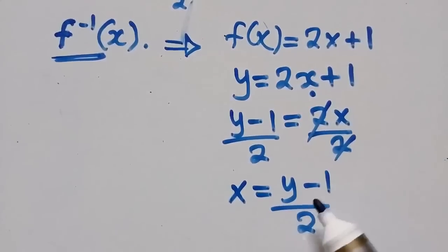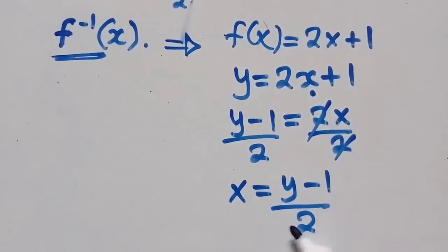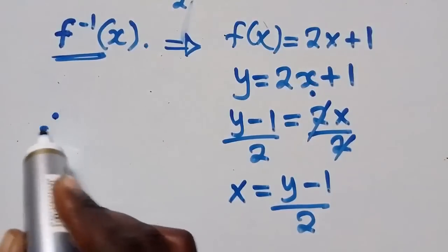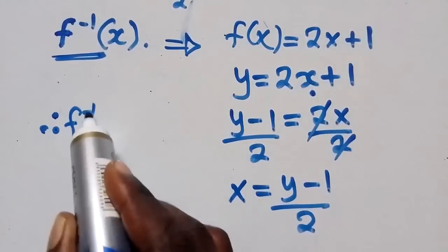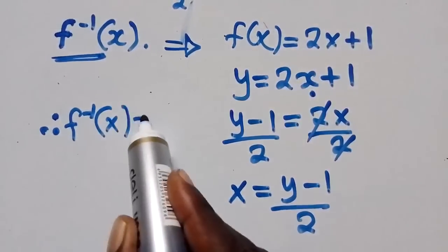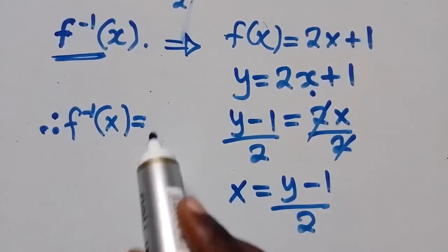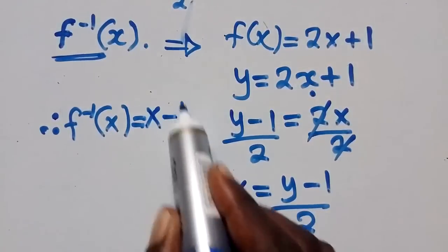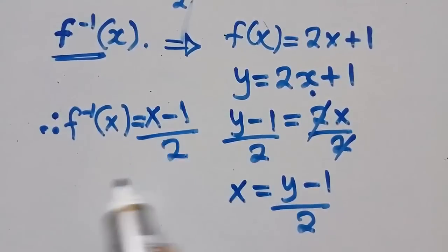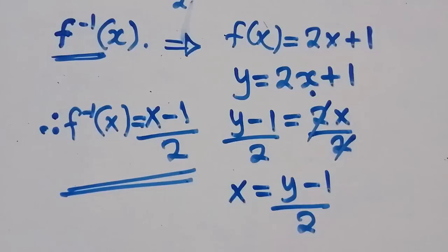So we've made x the subject of the formula. Therefore, f inverse of x is equal to, where there is y there, I'll put x, so x minus 1 over 2. This is my answer. This is how you need to solve that one.